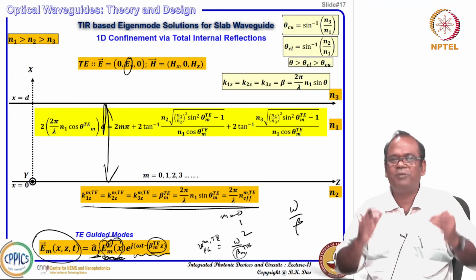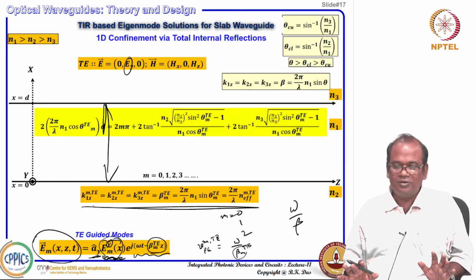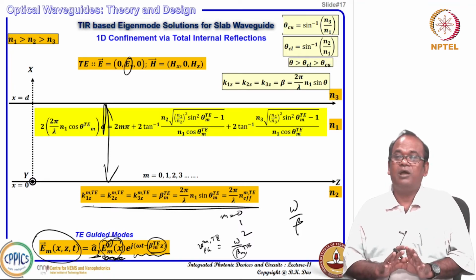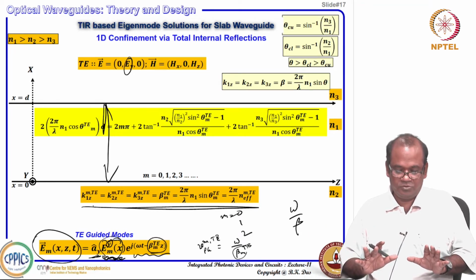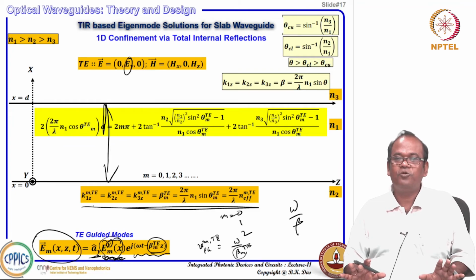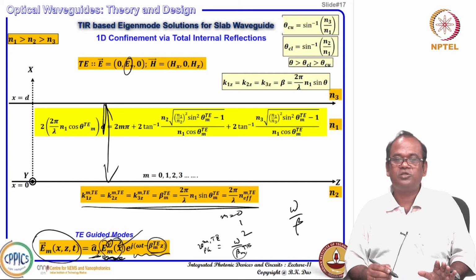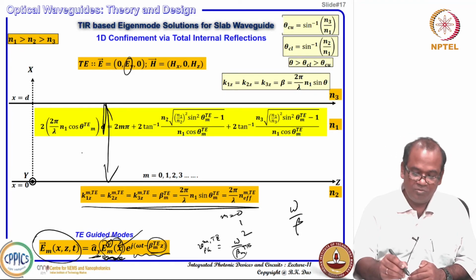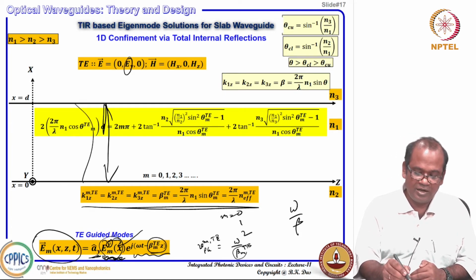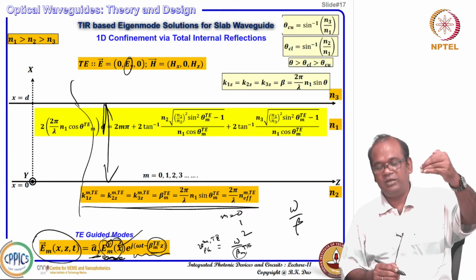Starting from just plane wave total internal reflection at the interface, we could find these mode solutions without any compromise so far. We know what the distribution would be: it will be like a standing wave inside, and outside it will be exponentially decaying because of the imaginary part.